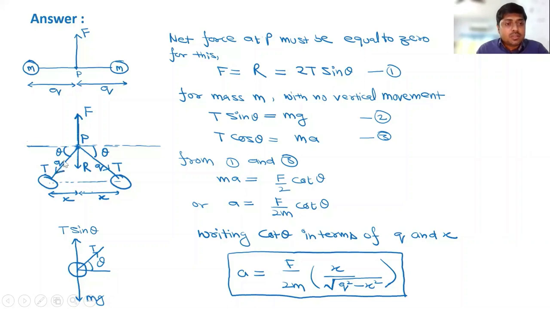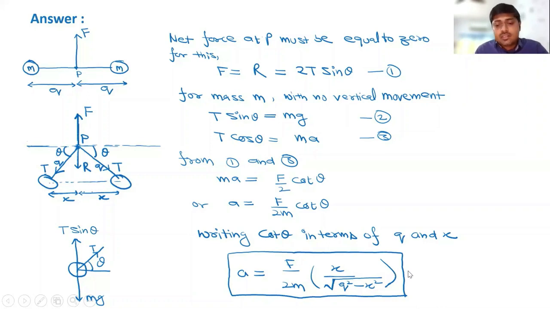We know the value of this arm, we know the value of this arm, and from these q and x, we can write cot theta in terms of these two values. That will be x upon square root of q square minus x square. So by using this value of cot theta, we can write our acceleration in this form.